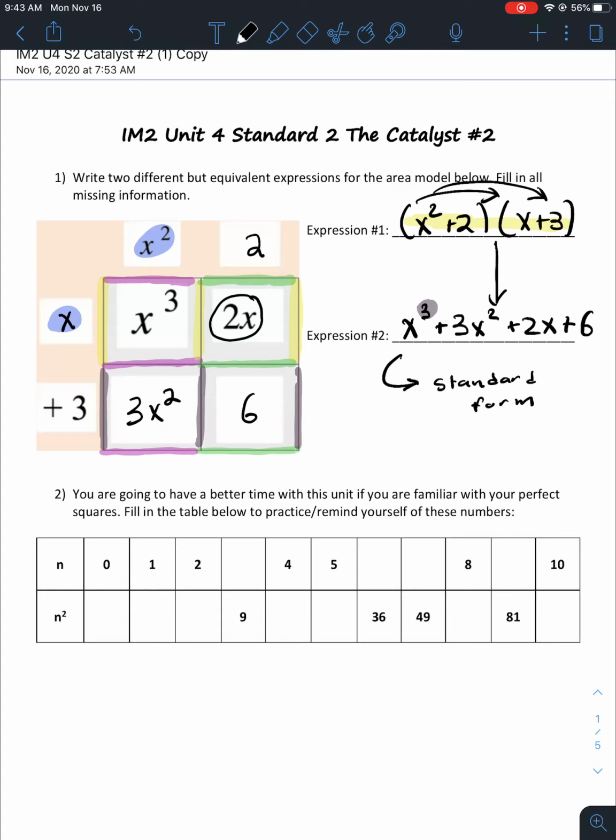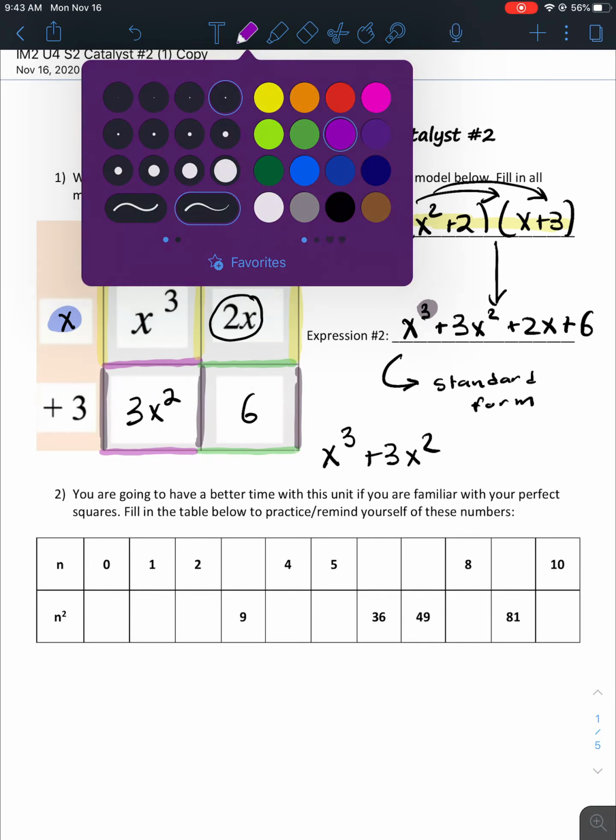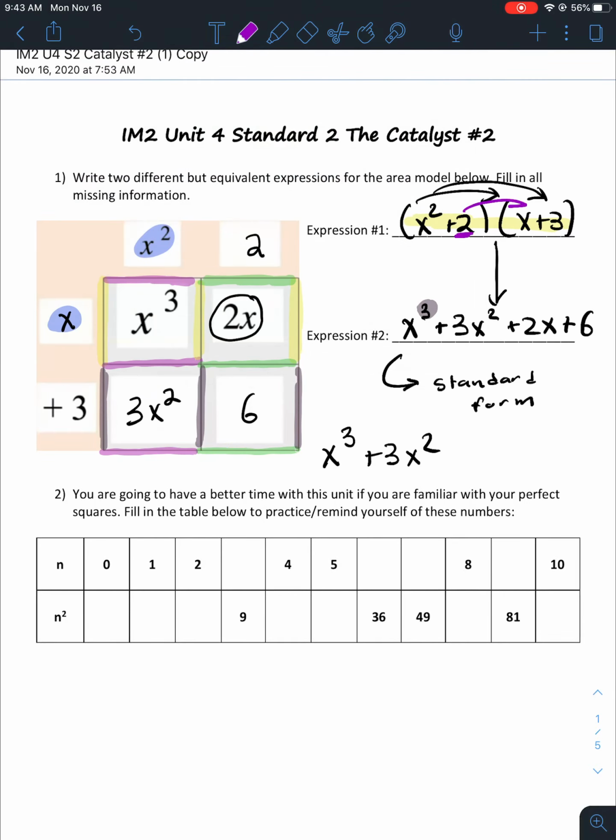So x squared times x is x cubed. x squared times 3 is 3x squared. Then we're going to take our second term, which is 2, and multiply each term as well. So we get plus 2x, and 2 times 3, you get plus 6, which is the same thing. So these two are equivalent expressions, just in different forms, and we call this form factored form.